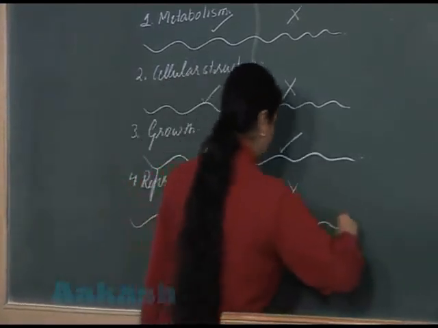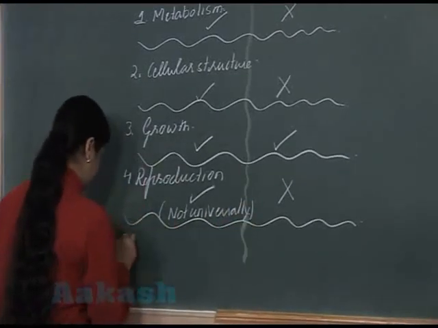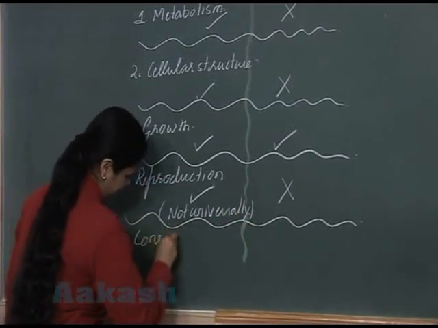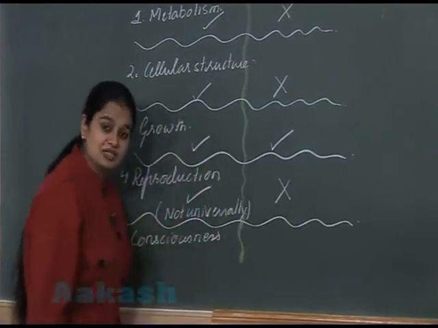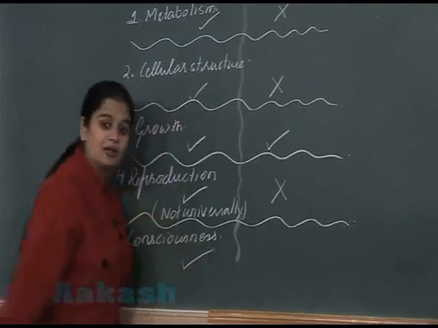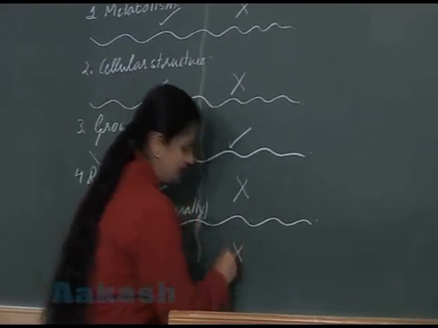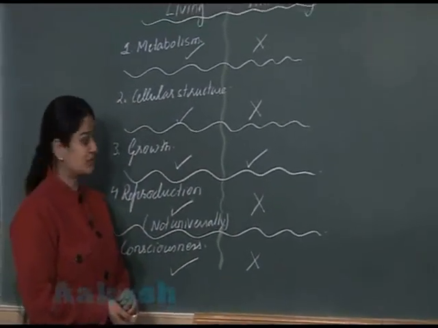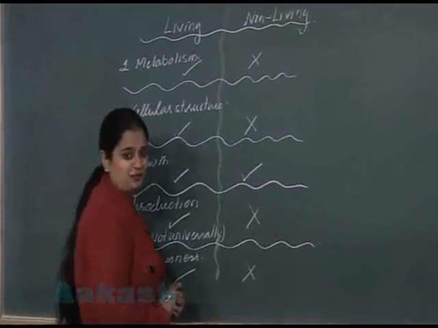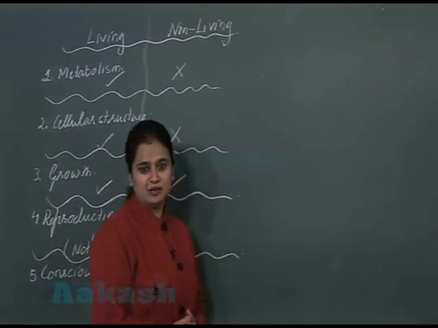Now the last one, that is consciousness. Consciousness is present in all organisms from simple to complex. Non-living objects, they are totally absent. So among these 5 features, how many can be known as defining features?